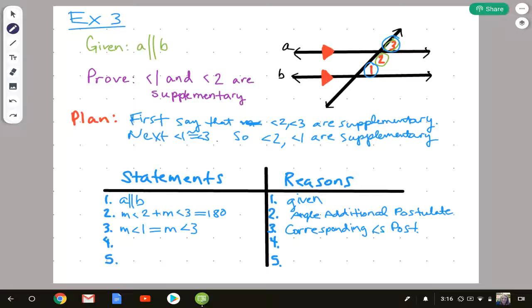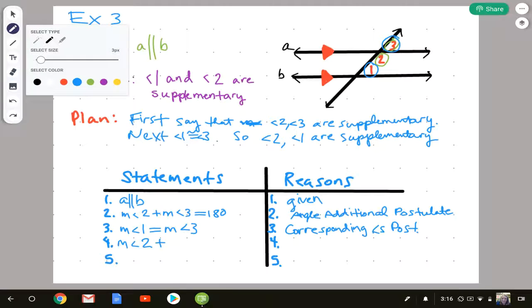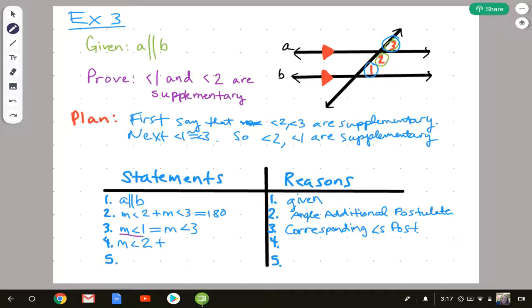All right, now because we know measure of angle 1 equals measure of angle 3, I can use substitution, and anywhere I see measure of angle 3, I can put measure of angle 1 instead. So I'm going to fill in, so I've got measure of angle 2 plus, this is where I'm going to use the substitution. Instead of measure of angle 3, I'm going to put in measure of angle 1.